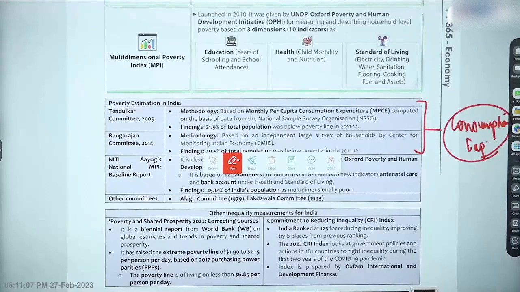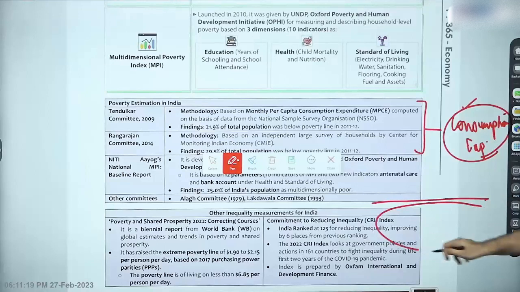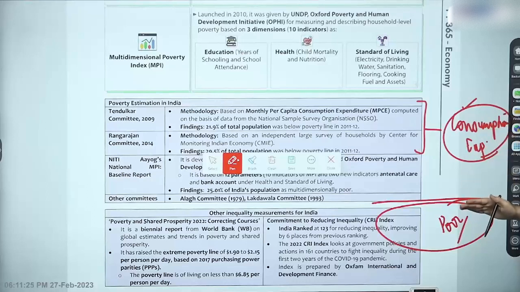If someone is doing less than their consumption expenditure line, they are termed poor. We don't know on what factors they are being deprived. The only thing we know is that ये consumption expenditure की line है, इसके नीचे जितने लोग हैं वो poor हैं. Now this is a highly reductive methodology. We're just saying जिसका consumption expenditure below this is poor. We don't know what exactly is the state of the poor here.